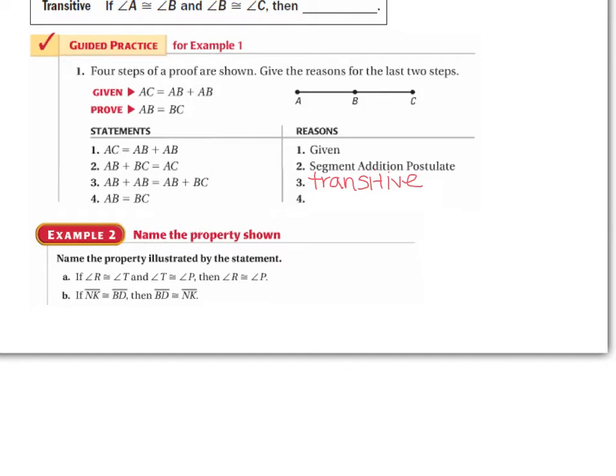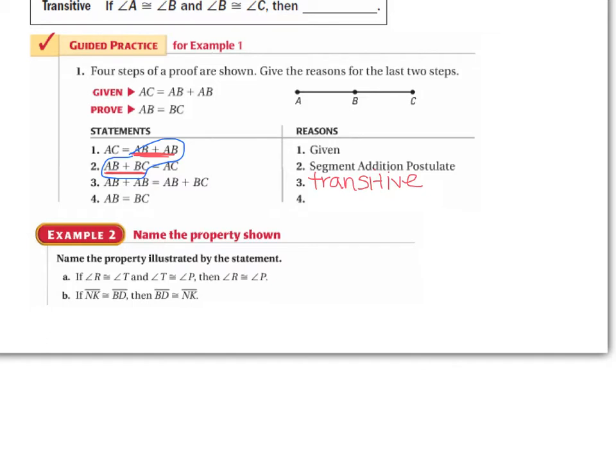So basically, again, it was just kind of like a little chain reaction where we have this piece is congruent to AC, these two pieces, and we have these two pieces that are also congruent to AC. So now we can say that these pieces themselves are congruent or equal to each other, and that's the transitive property because you see we're talking about three different pieces, AC, AB, and BC.